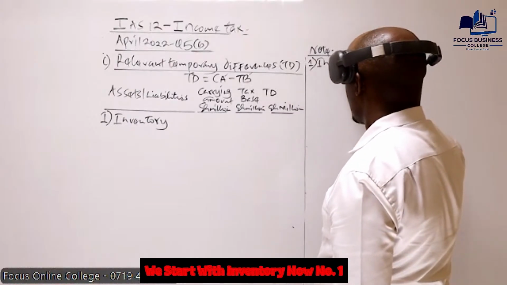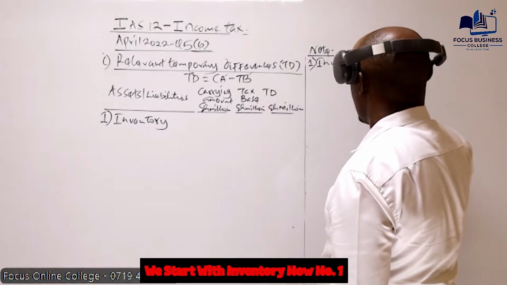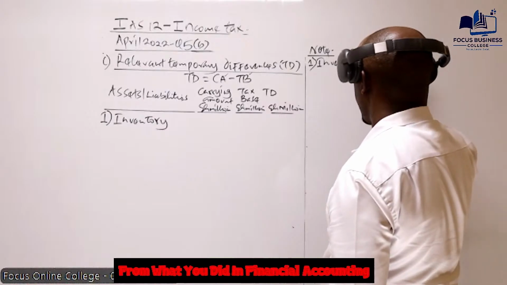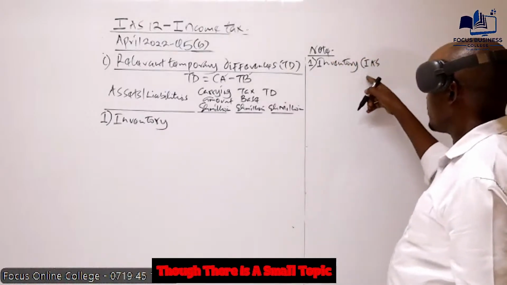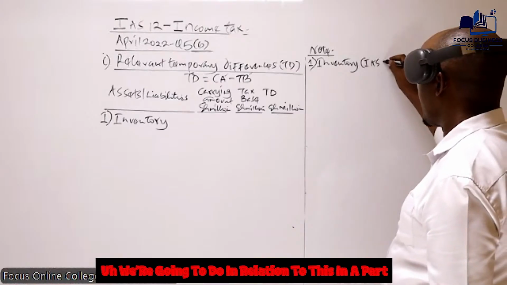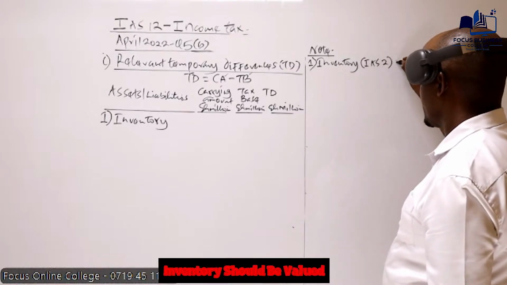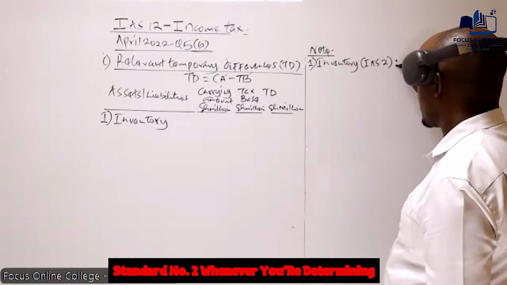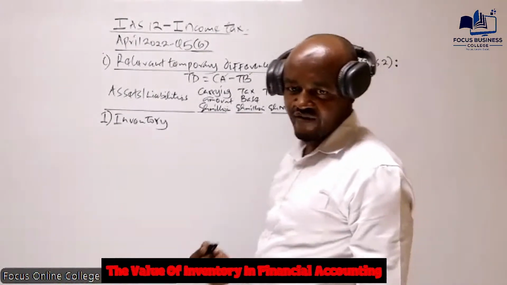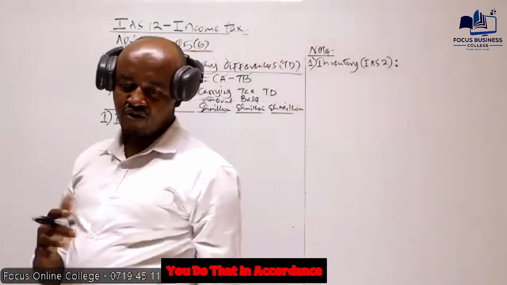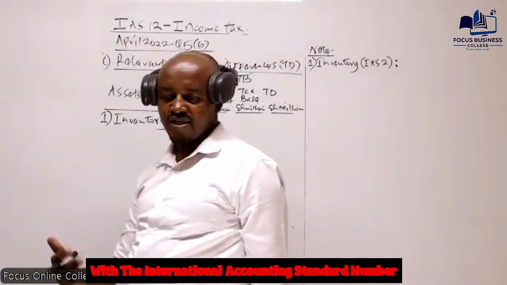We start with inventory. Now, number one, if you can recall from what you did in financial accounting, inventory should be valued in accordance with the International Accounting Standard number 2. Whenever you're determining the value of inventory in financial accounting, you do that in accordance with International Accounting Standard number 2.